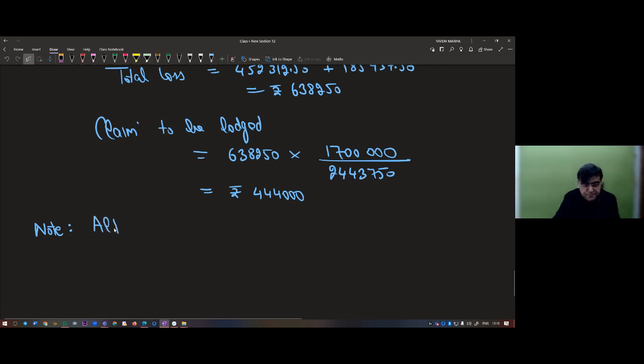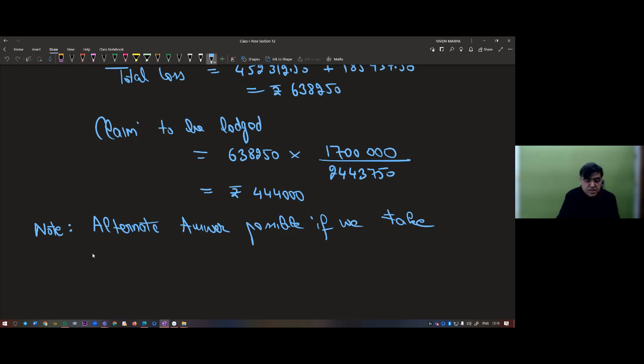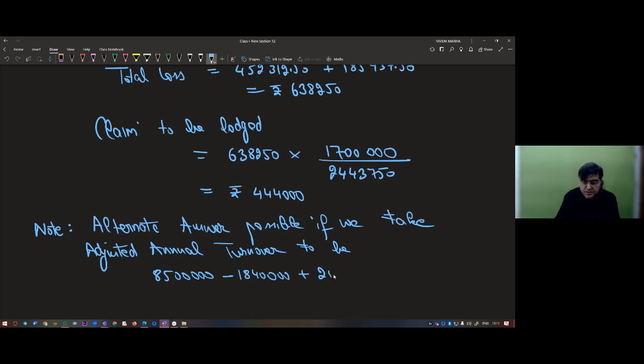Note: alternate answer possible if we take adjusted annual turnover to be 85 lakhs minus 18 lakh 40,000 plus 2,116,000 plus 15%.